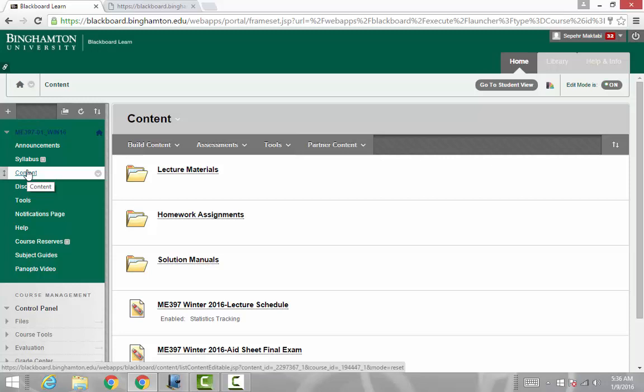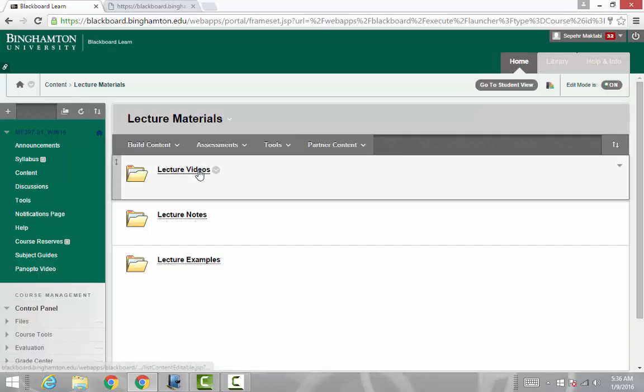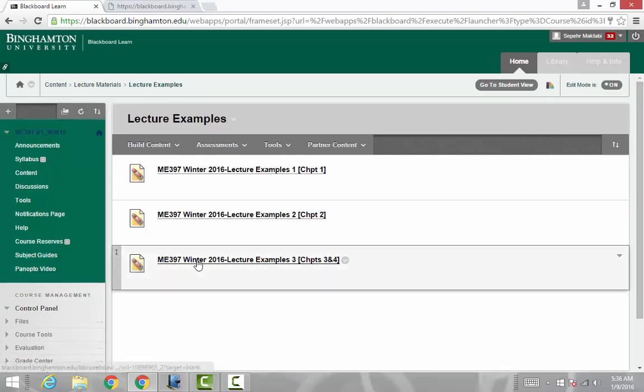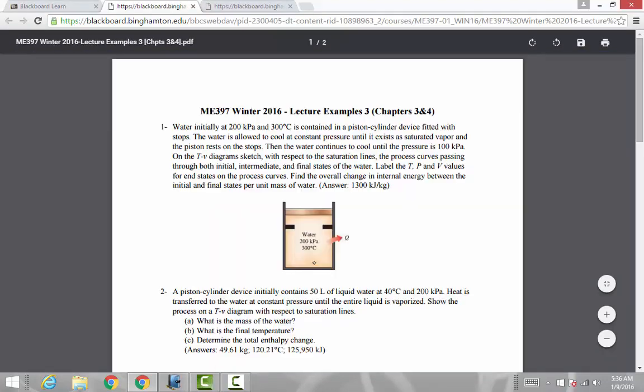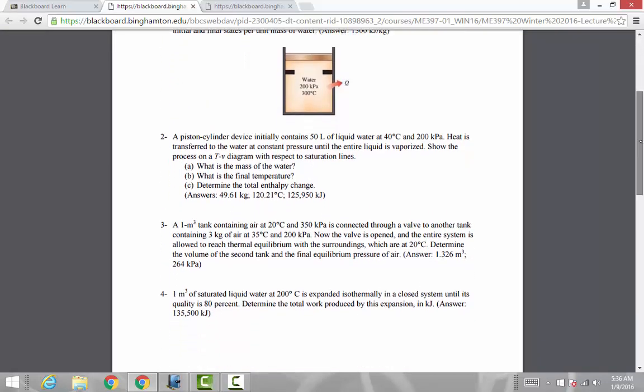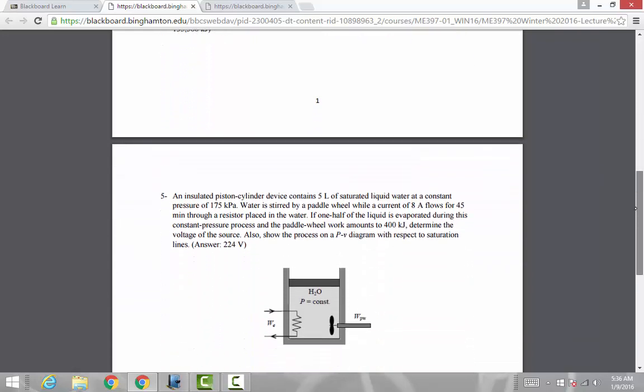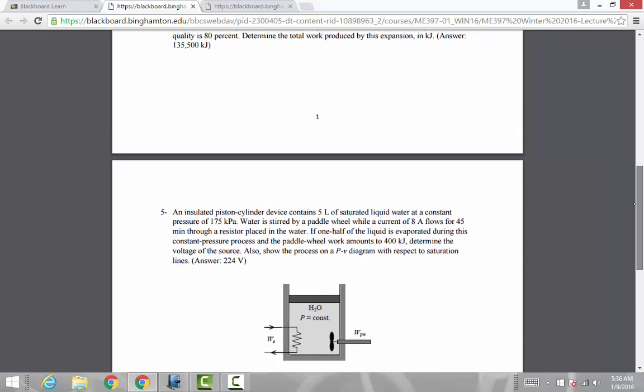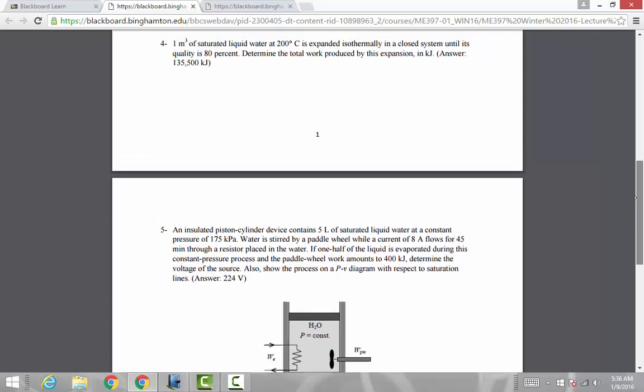The examples number 3, about chapters 3 and 4, are uploaded here. Since we're covering a lot of material, I've dedicated 5 examples here. I'm not sure, I might reduce the number, or I might stay with these.